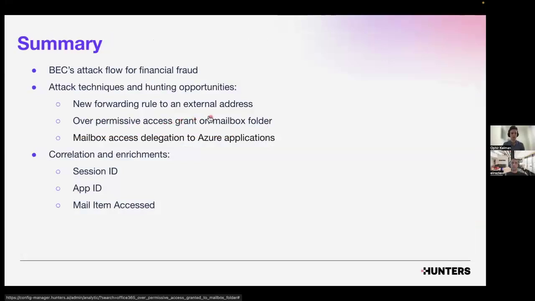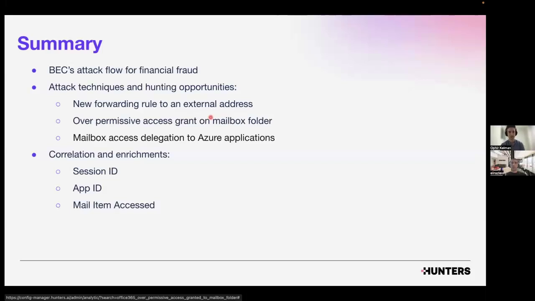So we're almost done. We managed to get to the summary of our presentation. We had our business email compromise attack flow for financial fraud, beautifully described by Eliraz at the beginning. It was a possible logical flow of how an attack might be laid out.